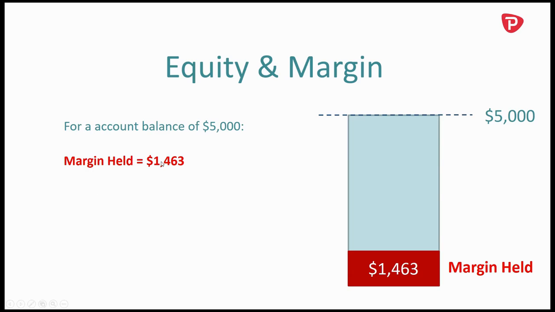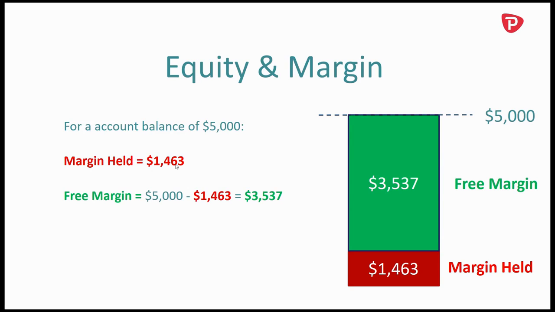The margin held for this position would be $1,463. The free margin would be represented by the available money that isn't currently being held to have that position open. We figure this out by taking our initial equity of $5,000 minus the margin held, or $1,463, and we get $3,537 of current free margin.